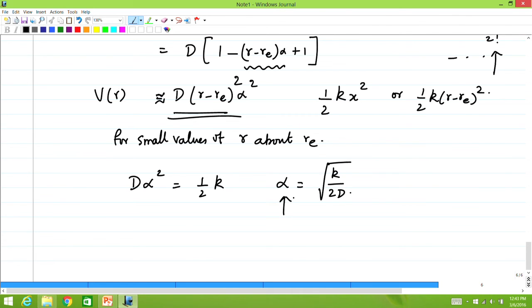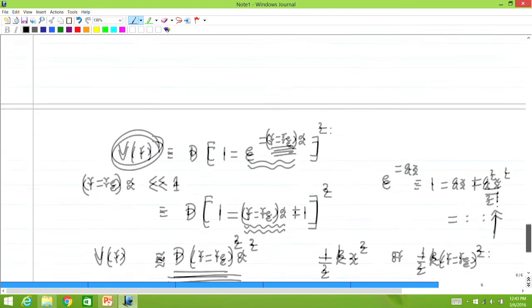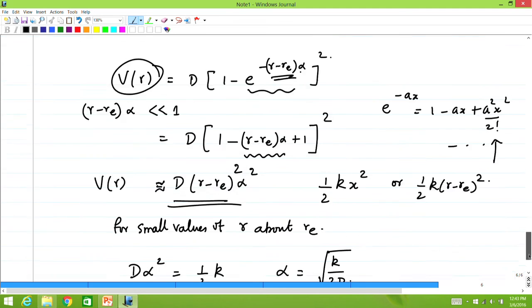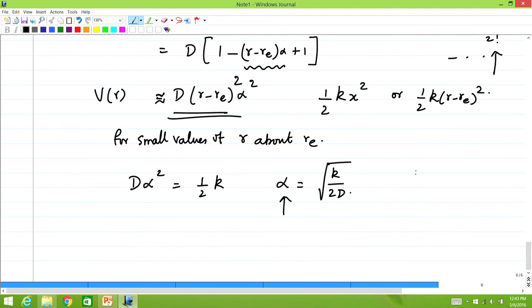So, this is the Morse oscillator parameter, and please remember the Morse oscillator parameter has a dimension of 1 by the length, and k, the force constant, has the dimension of mass into T to the minus 2, and this is energy which is mass into length square into T to the minus 2, therefore, the square root of this is 1 by length.